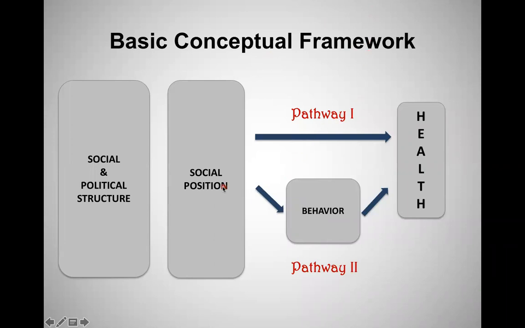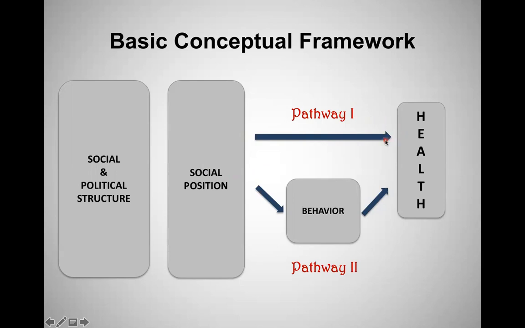As I've mentioned a number of times before, this conceptual model or framework identifies two pathways that lead from social structural conditions and social position to health outcomes. The first pathway is the direct pathway, and the argument here is that social conditions have a direct impact on health.